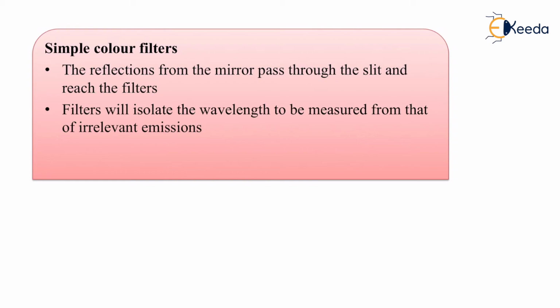Filters will isolate the wavelength to be measured from the irrelevant emissions. There are various kinds of emissions already happening, but we have to make sure that the ones we want to capture are the relevant ones and not the irrelevant ones. This can be done with the help of filters.